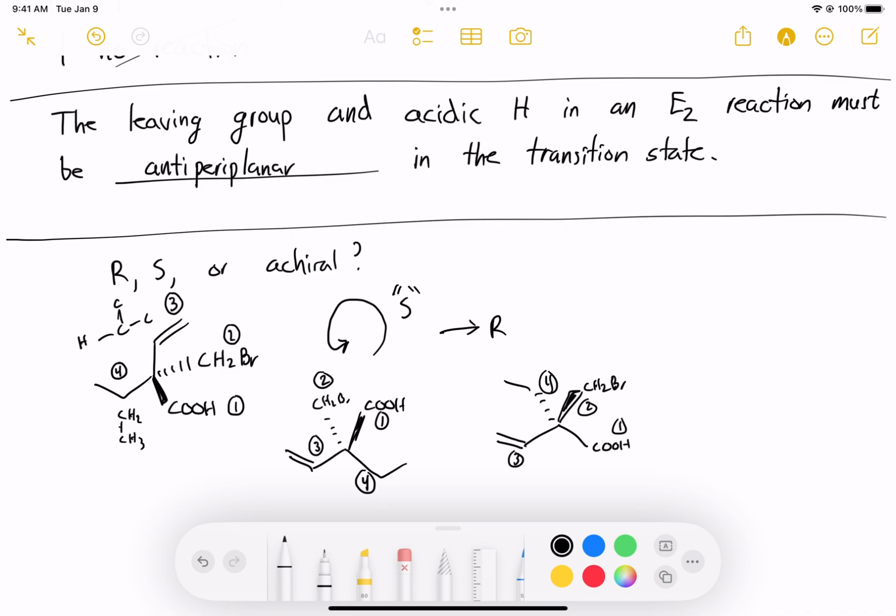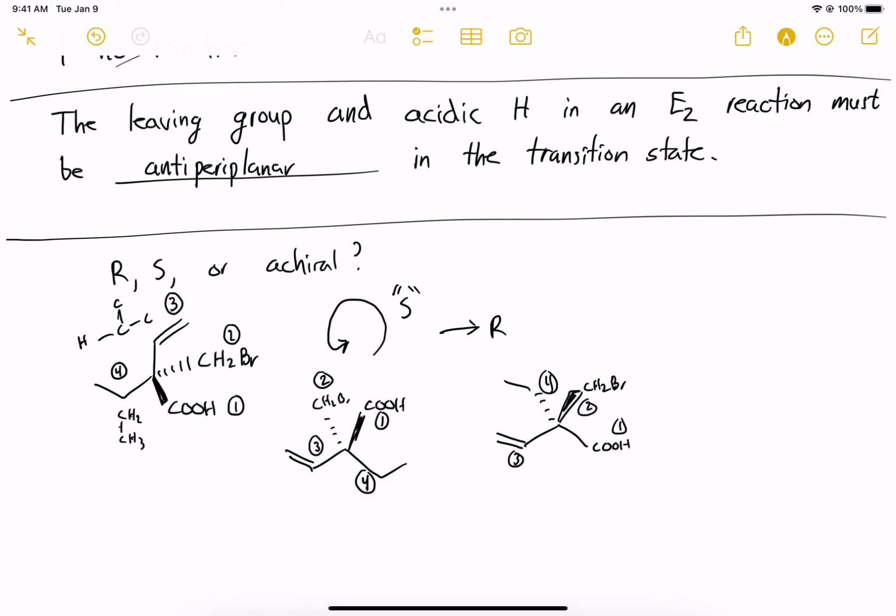It's R. So it still looks like S, so now it looks like we switched the stereocenter.